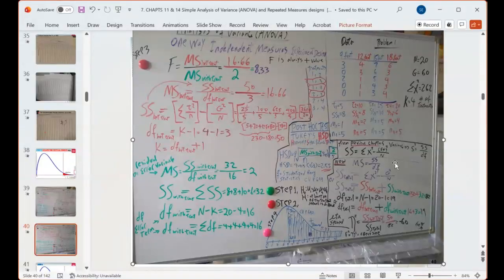Everything else on the bottom right is important, but we already talked about it. Okay, again, how to calculate eta squared. Now you just get the SS. We already know what SS between is, which is 50, and SS total. If you add up both SS, between is 50, SS within is 32, total is 82.